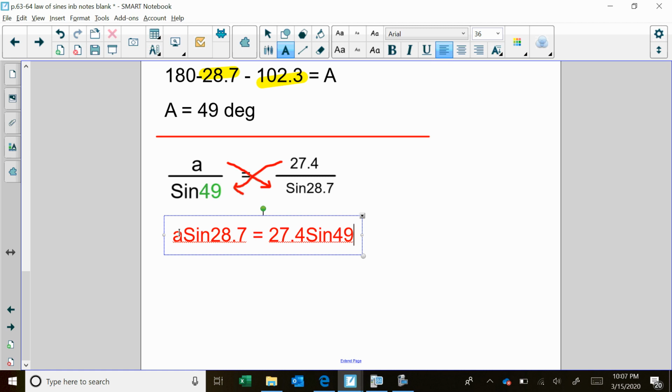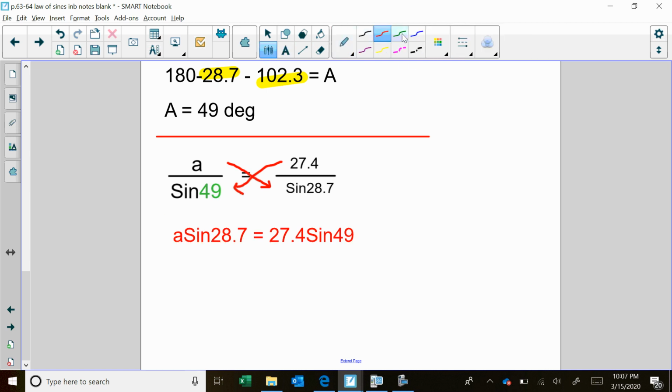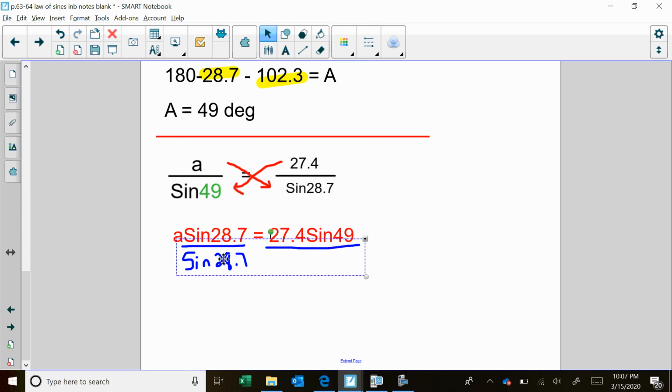Our variable is A, so we will divide by all of sine 28.7. Let's see if I can copy that. Good enough.